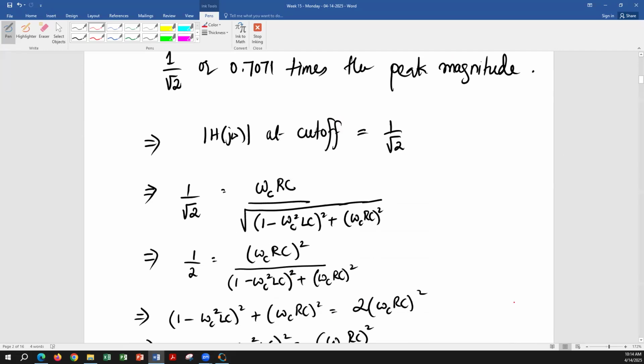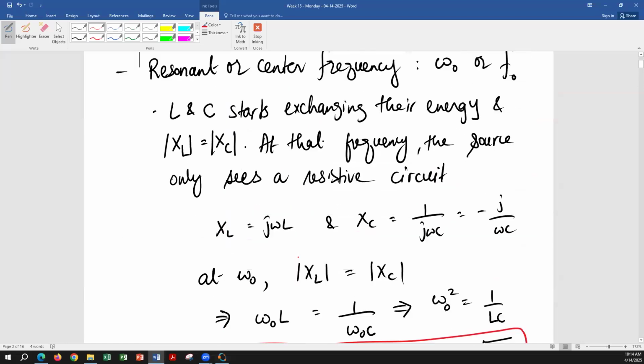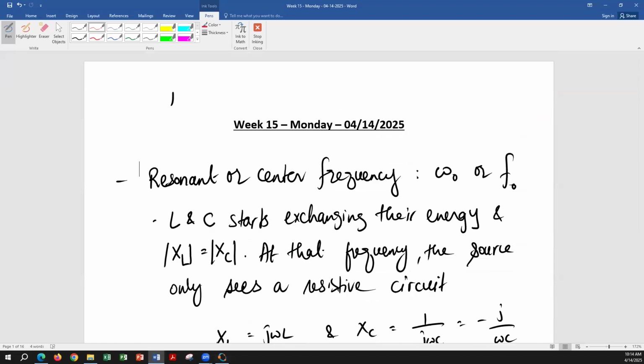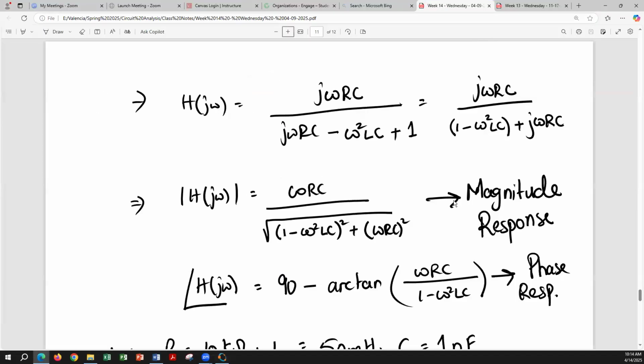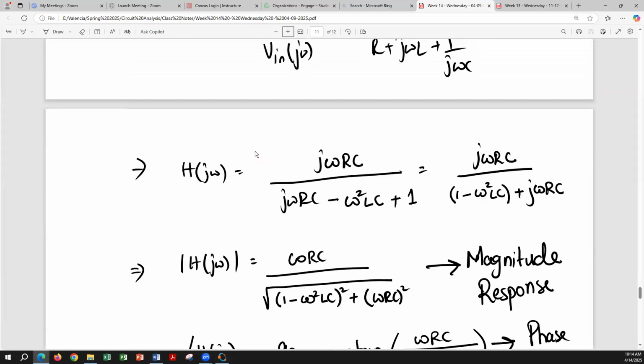We don't have the phase response equation, but we can go back to last week and see the transfer function equation, because we're going to plot the transfer function, magnitude response, and the phase response. This is our last week, and this is what we have for our transfer function.